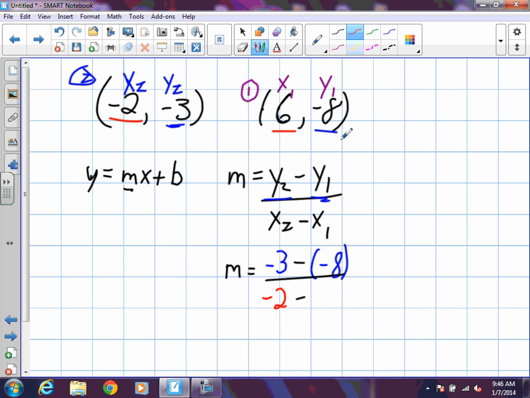Okay? So we have to remember our integer rules here. Negative 3 subtract negative 8, that's like adding. Okay? So because that's like adding, negative 3 plus 8 becomes positive 5. If you're unsure, you can type it into your calculator, but you got to look over your integer rules. Negative 2 subtract 6 is negative 8.